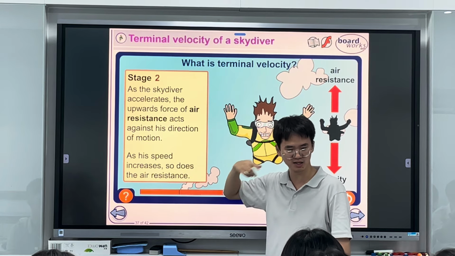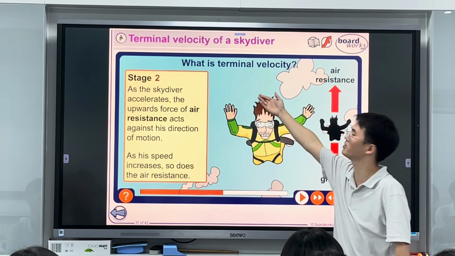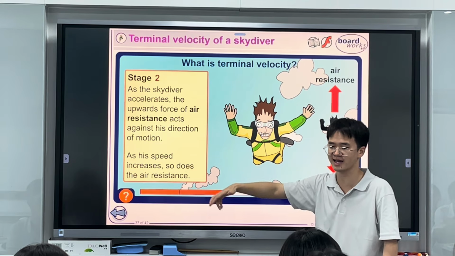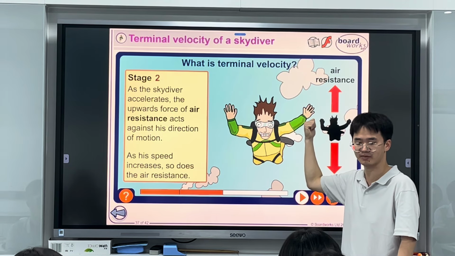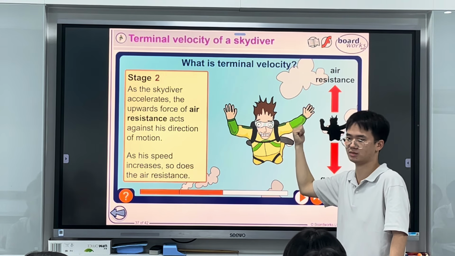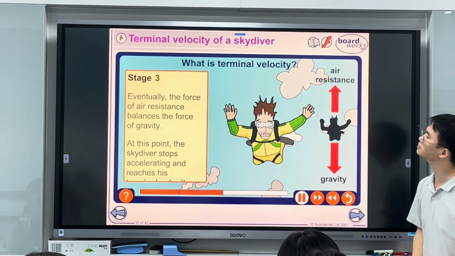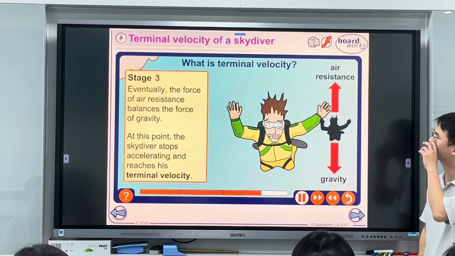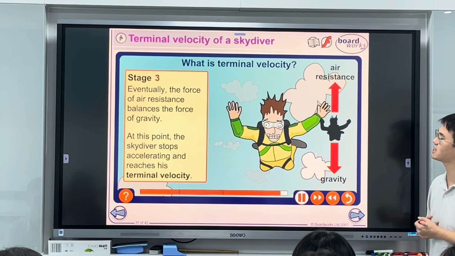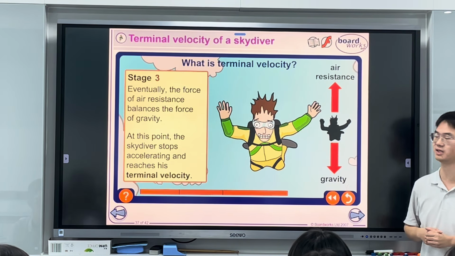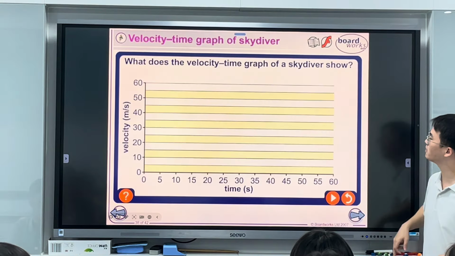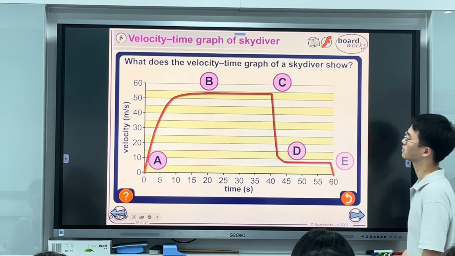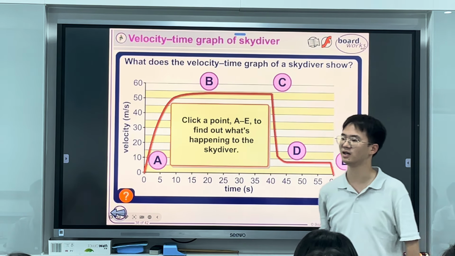He will fall at a constant velocity, which is the terminal velocity. If velocity is no longer increasing, will air resistance keep getting larger? No. So eventually the force of air resistance balances the force of gravity, and at this point the skydiver stops accelerating and reaches terminal velocity. If you plot a graph like that, what happens at point A?